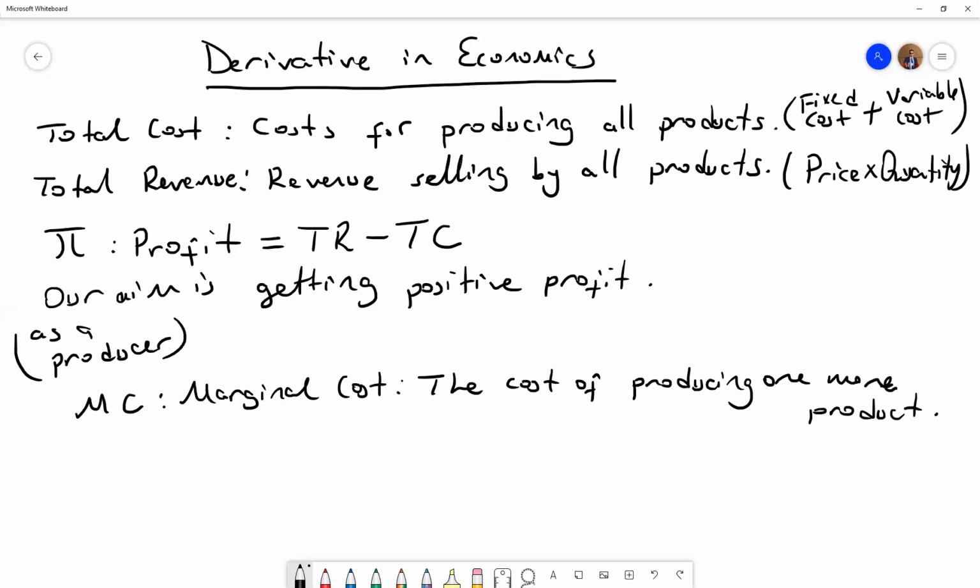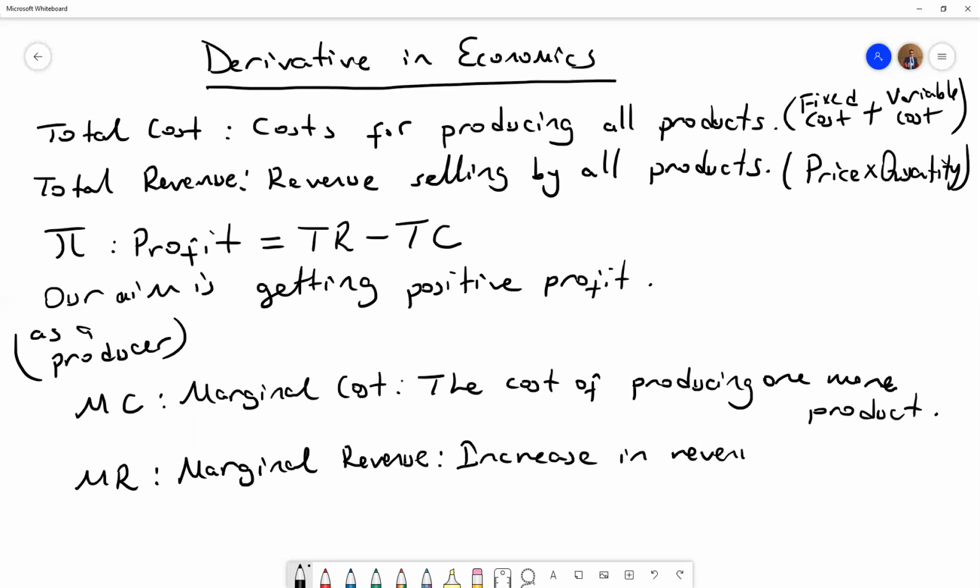This is marginal cost, and MR is marginal revenue. This one is the increase in revenue by selling one additional unit.